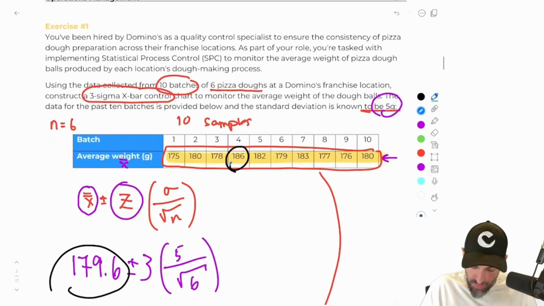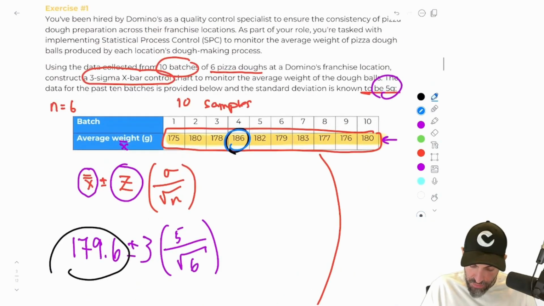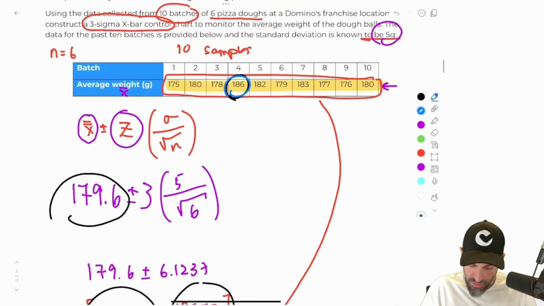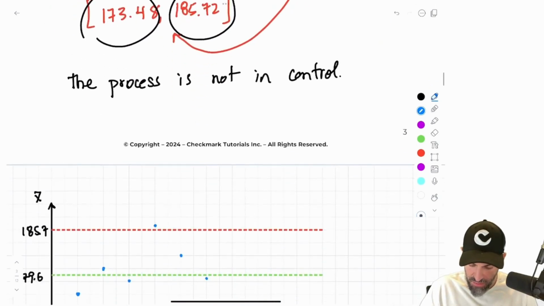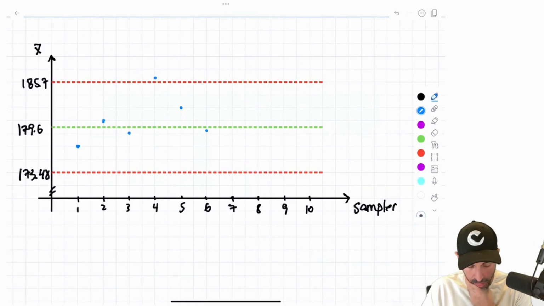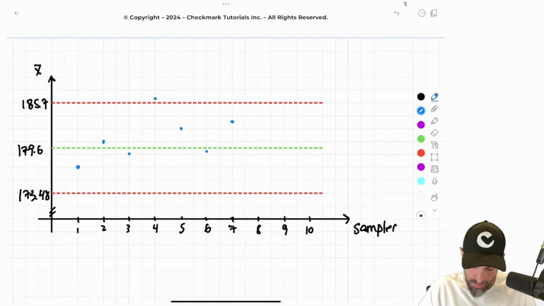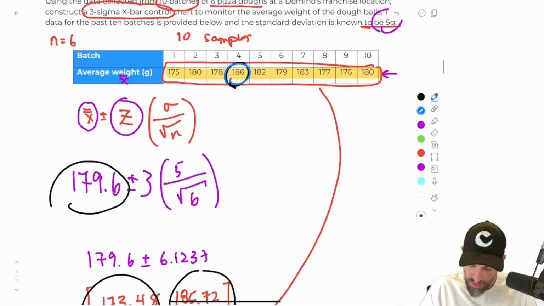You're going to plot all of your points. 186 is the one that put us outside of our control limits. 182, put that here. 179, just a hair below. 183, 177, 176, 180. Okay.